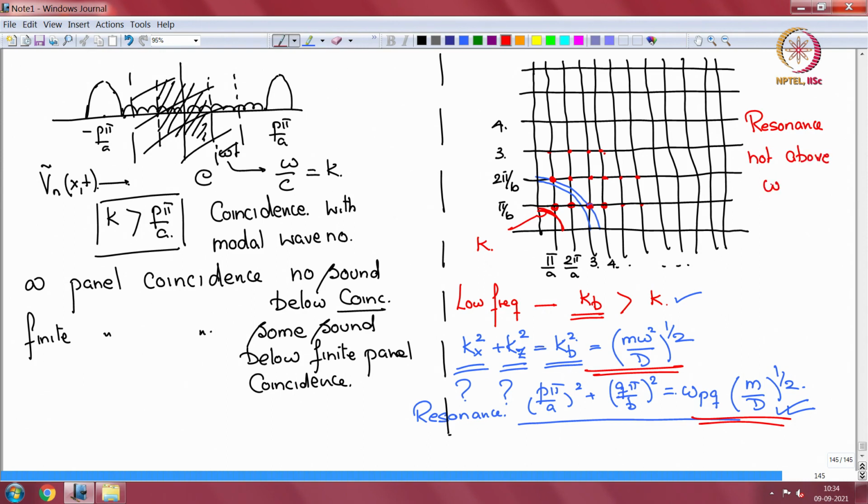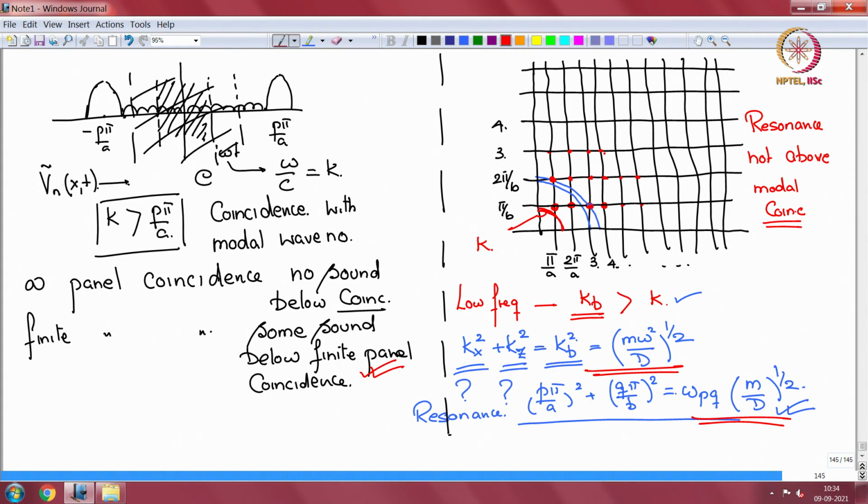They are modal coincidence. This is mode related coincidence, this one, not above modal coincidence.